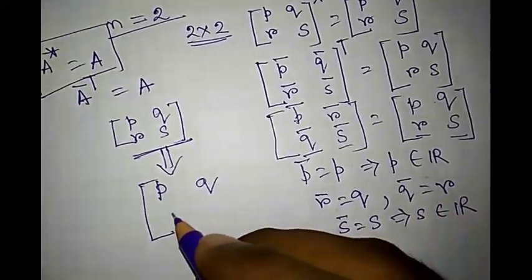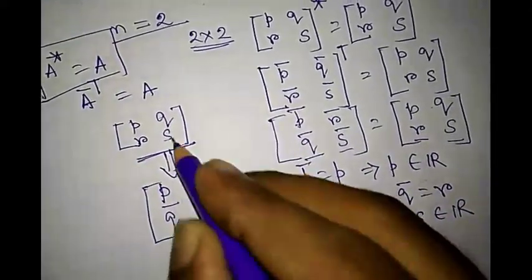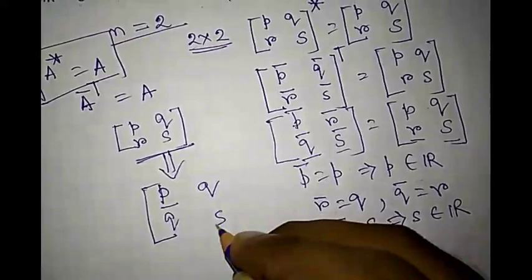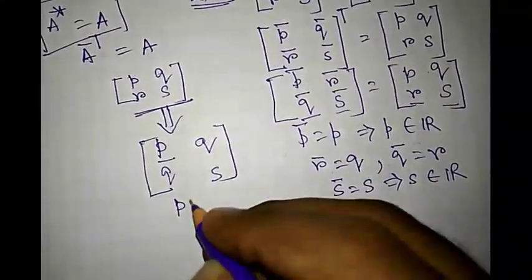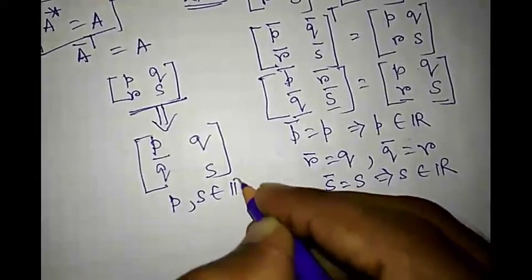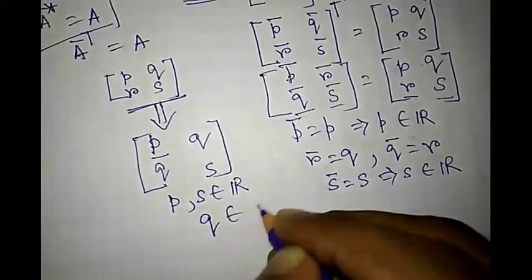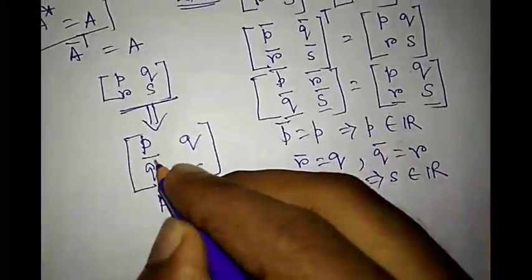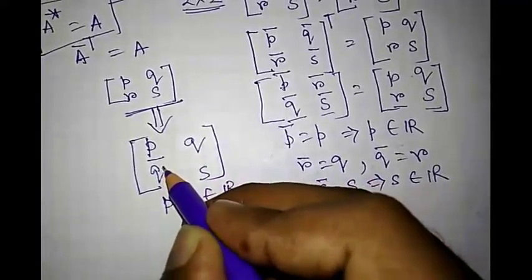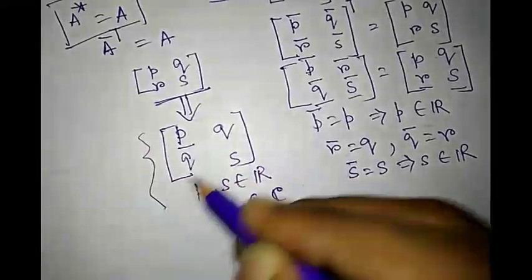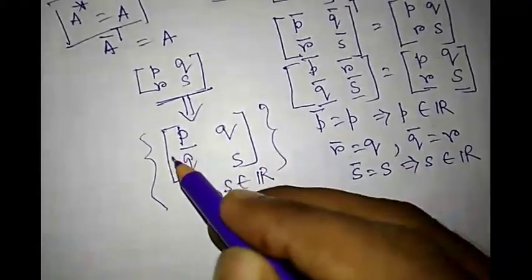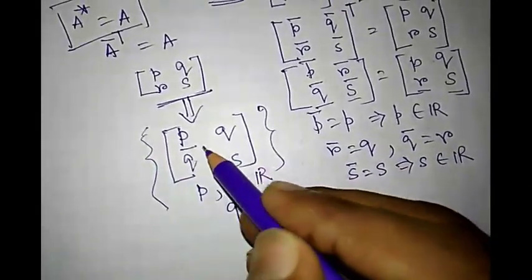R is Q bar, so we put here Q bar, and S is a real number, that is S. So in this case P and S are real numbers, Q is a complex number, and Q bar is the complex conjugate of Q. So this is our Hermitian matrix in the 2 by 2 case. The form of a Hermitian matrix is this.